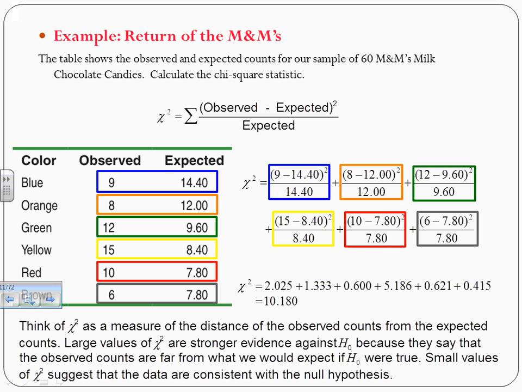Large values of chi-squared are stronger evidence against the null because they say that the observed counts are far from what we'd expect from the null if it was true. Small values of chi-squared suggest that the data are consistent with the null hypothesis. So larger values of chi-squared are stronger evidence against the null because they are far from what we would expect.